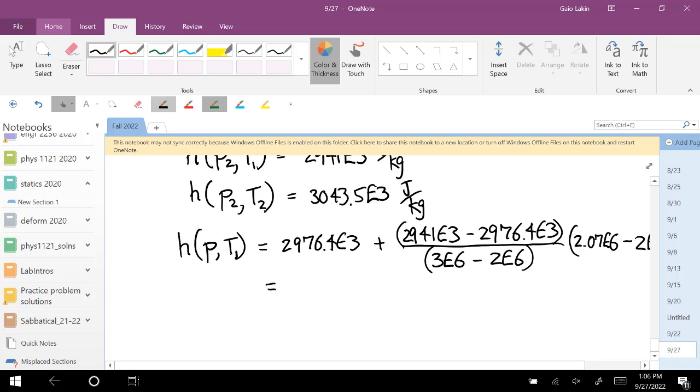And the value you get out of that is 2973.9 times 10 to the third. That's joules per kilogram.